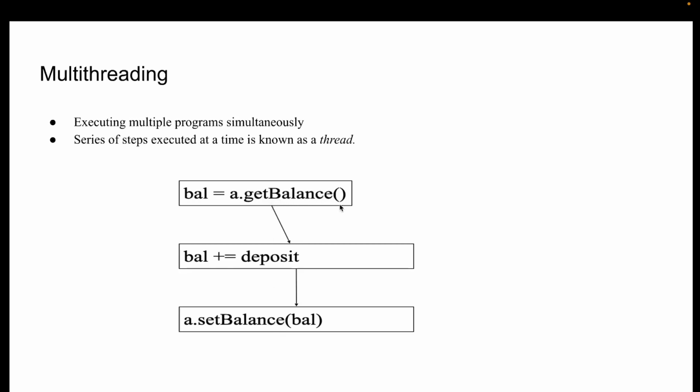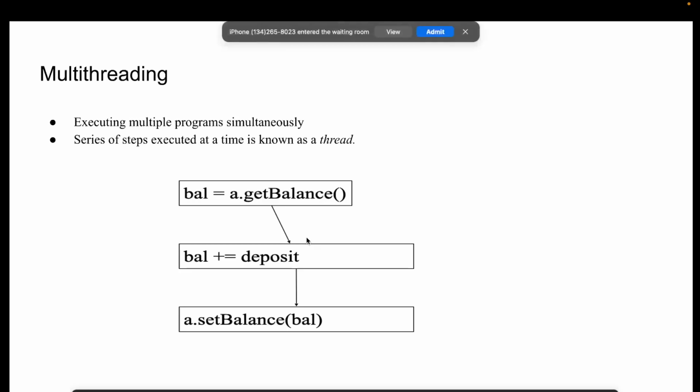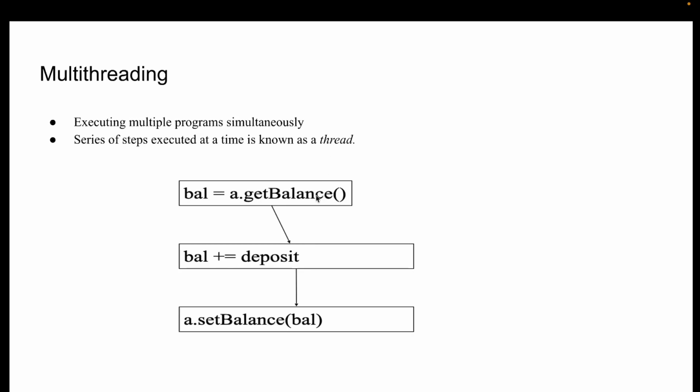These are some of the steps in a program, and we want threads to perform simultaneous execution on these methods. This can be achieved with the help of threads. Let's say we have get balance, the deposit method, and then set balance. These are some of the methods in your bank account class.